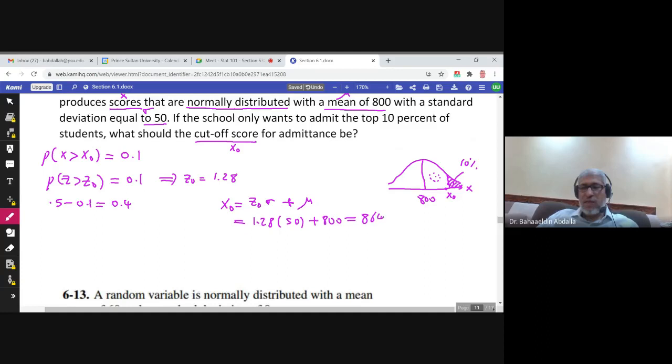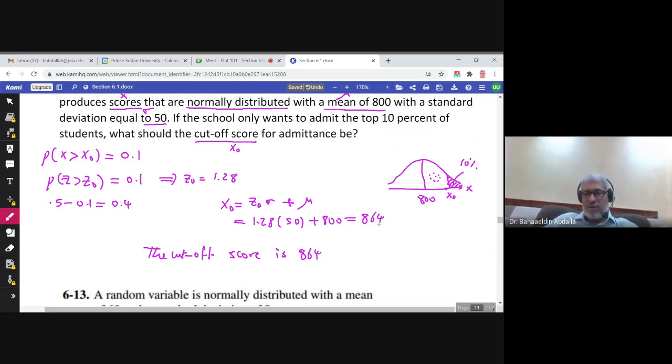So this is the cutoff score for admittance. Which means that any student who got above 864 will be admitted to this school, and the percentage of those students is 10%. 10% of students scored above 864.